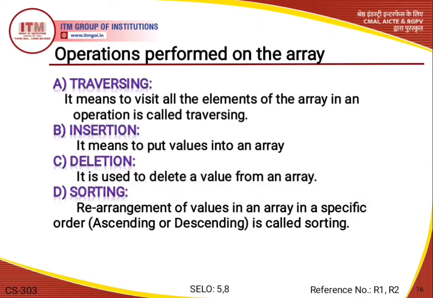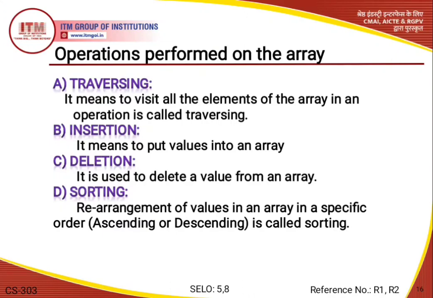The next operation is sorting. It shows the rearrangement of values in an array in a specific order, either ascending or descending, which is called sorting. In sorting we also use arrays, and the array is a very important factor in sorting, because there are lots of sorting techniques based on array calculation.